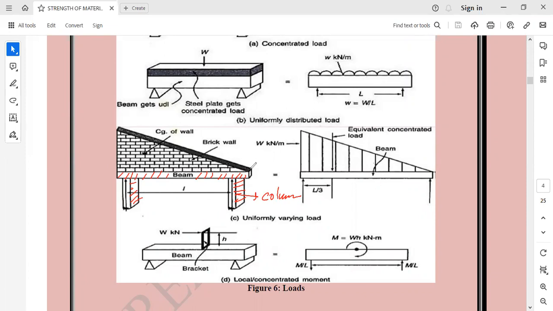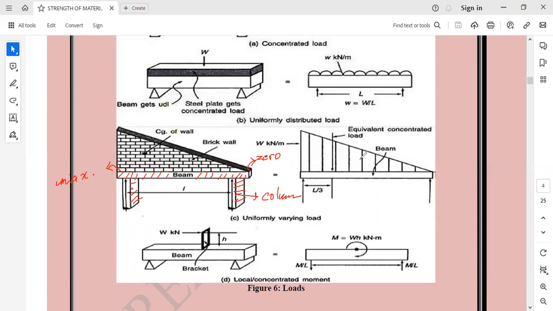Here the load on the beam would be 0, and since the brickwork is triangular in shape, the load will progressively increase, and at this end, the load will be maximum. This type of load is called uniformly varying load, since the load is varying uniformly from one end to another end.